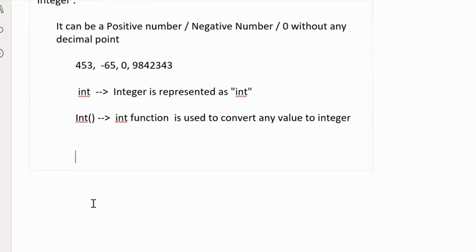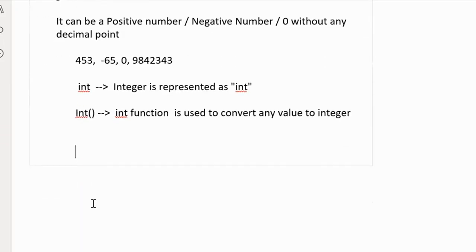Now, integer has different forms. What are those different forms called? These are the writing forms of integer. First one is called the decimal form. Second one is called the binary form.